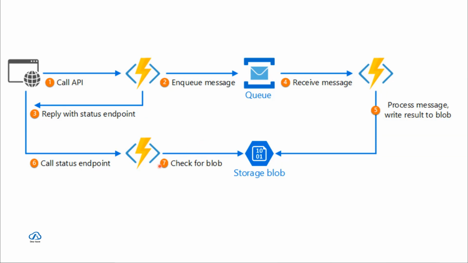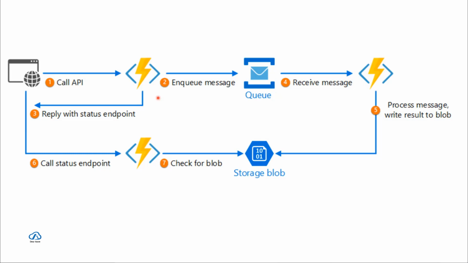And then we have a third function app, which is exactly the status endpoint that the client is going to call every now and then to check if the result is ready in the blob storage, so the client can grab these results or not yet. So this is how we can use Azure components to implement this pattern.